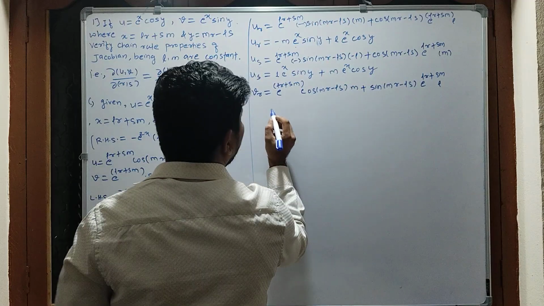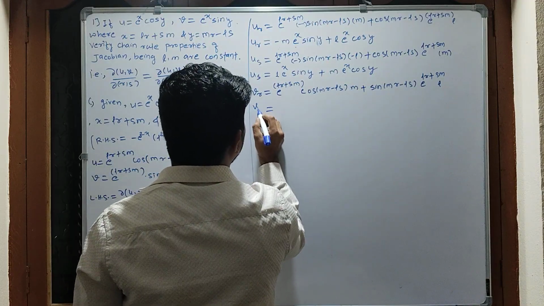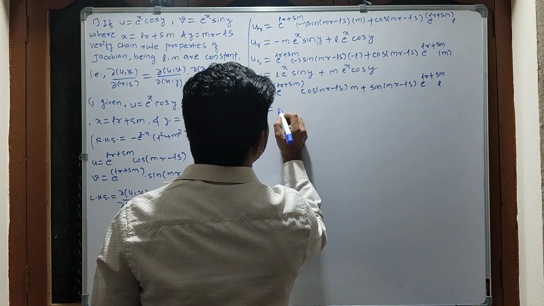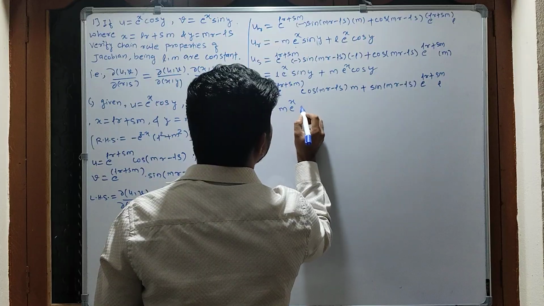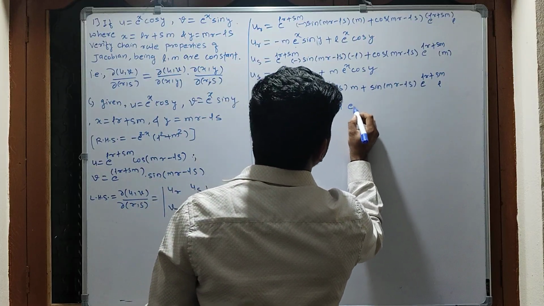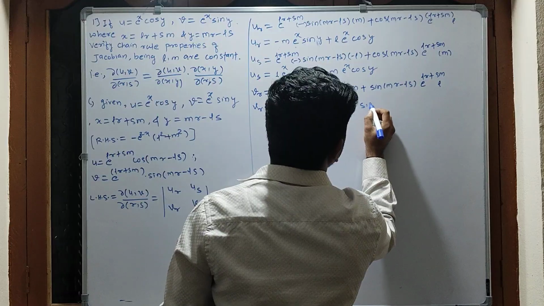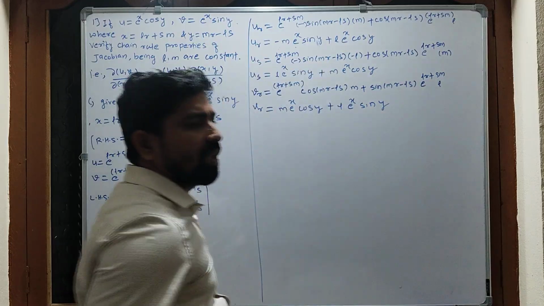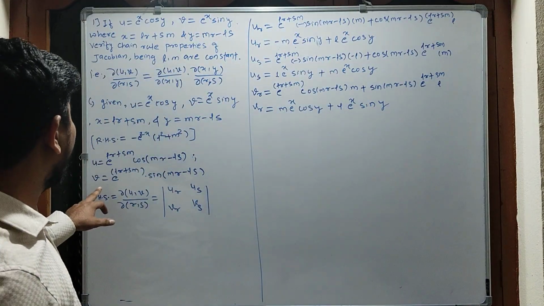So in the same way, v_r equals m times e to the power x cos of y plus l times e to the power x sine of y.